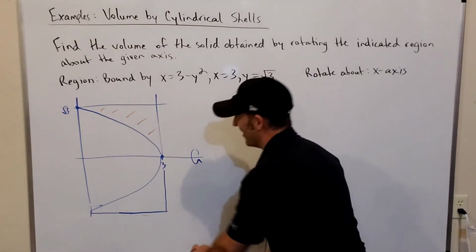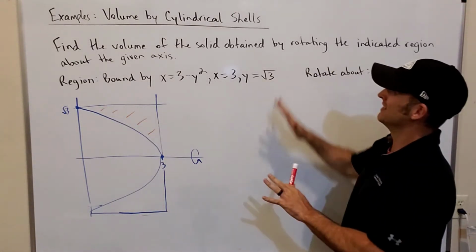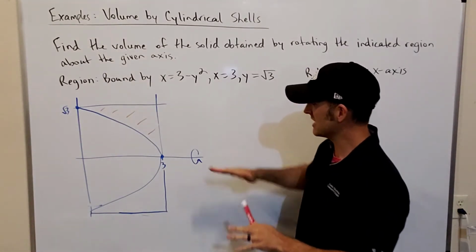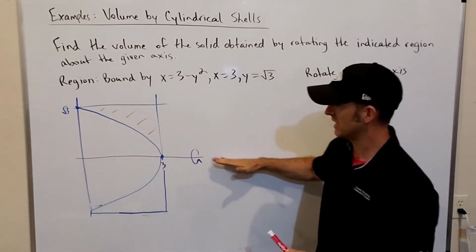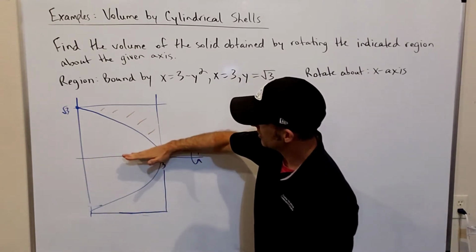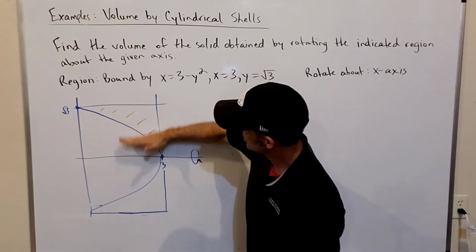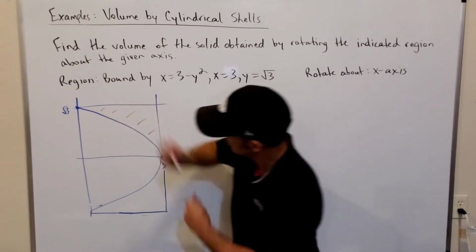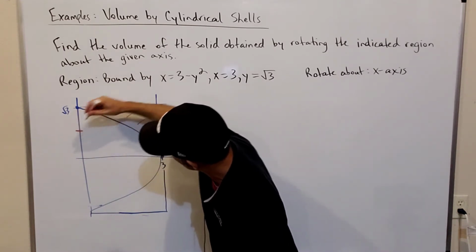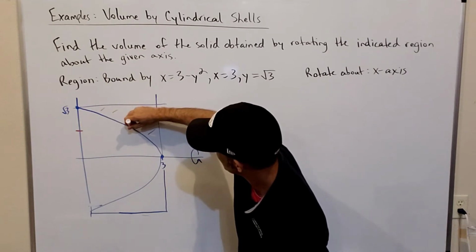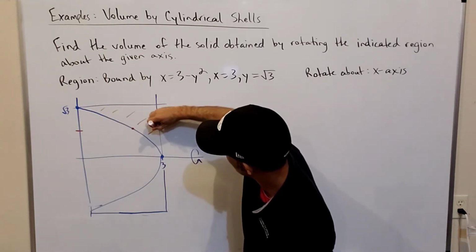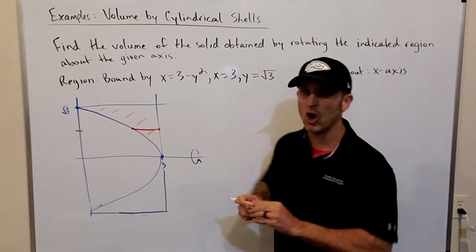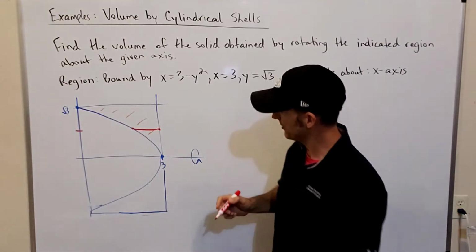All right, so now if we want to create a cylindrical shell to see what we're doing here, then I have to slice parallel to my horizontal axis of rotation. So my region is here from 0 up to the square root of 3. I've got to slice horizontally somewhere there. So let's say I want to slice right here. That's going to intersect this curve and this line, and that's going to give me the wall of my cylindrical shell, okay?